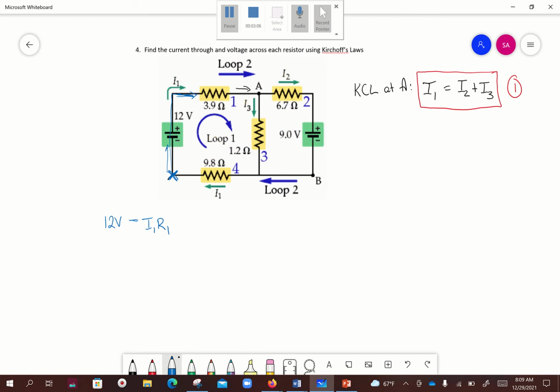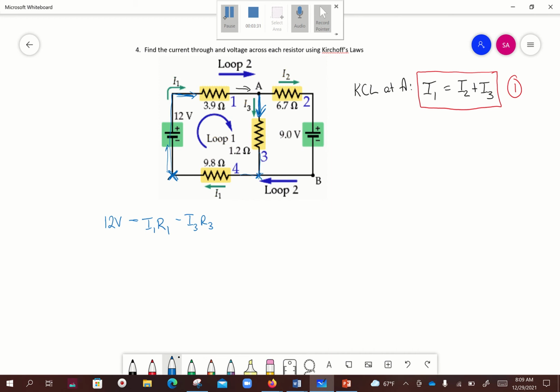I get to point A, and at point A, that I1 splits up. I'm going down that center arm in the same direction as the current. This time the current is I3. So it's going to be minus I3 times R3 because, again, I'm going in the same direction as the current. All right, I'm going to get down to that bottom junction.